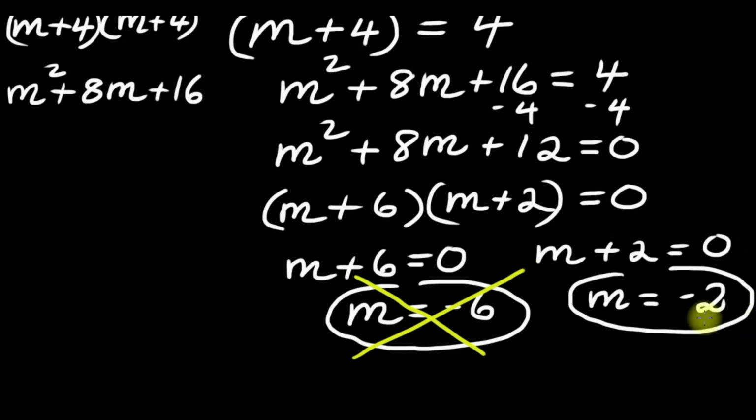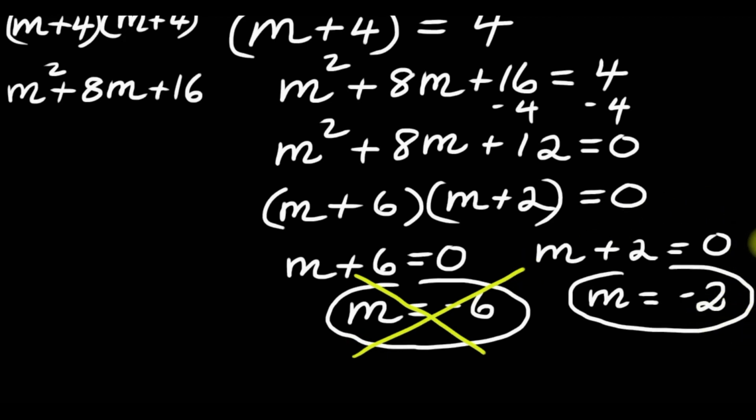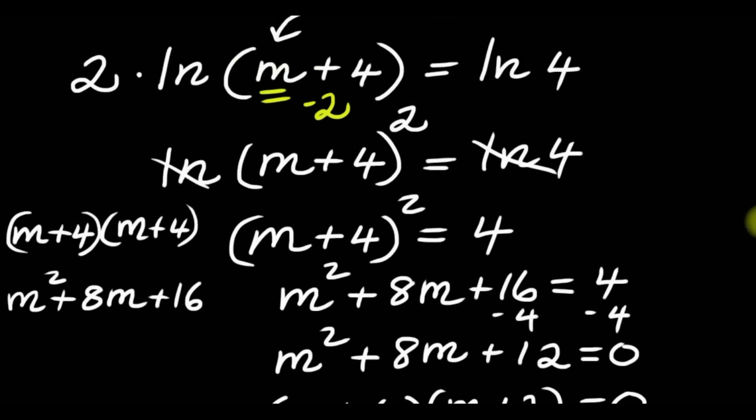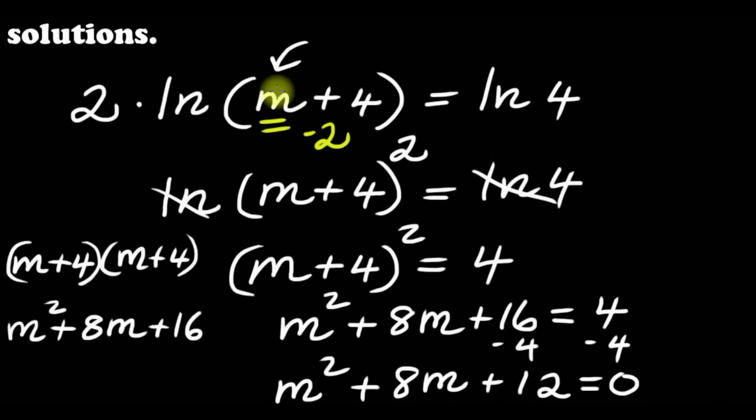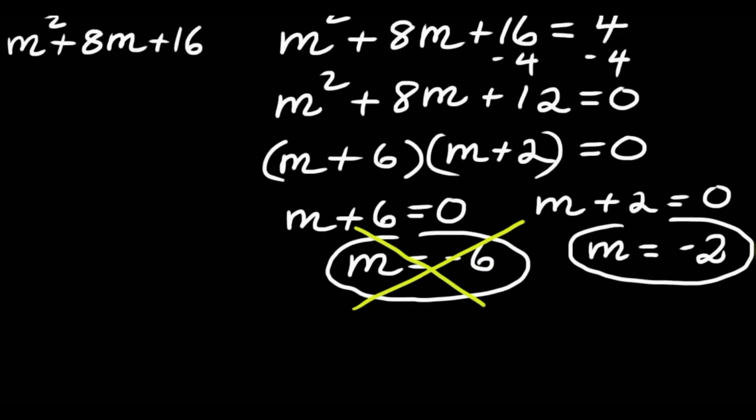What about negative 2? When x is negative 2, you got negative 2 plus 4. That is going to come out to positive 2. So that is okay. This solution is good.